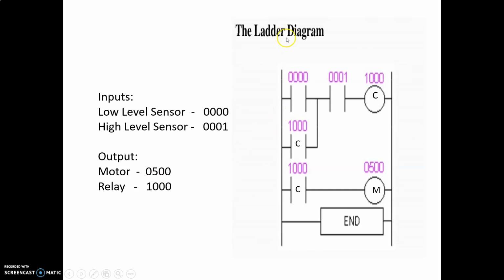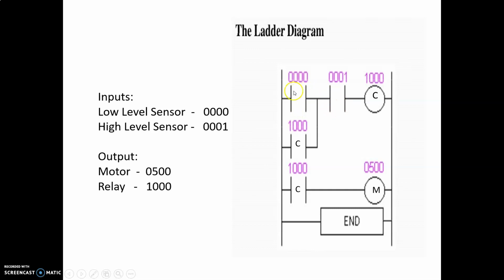Okay, so first of all, let's start with the diagram. Whatever is mentioned in the diagram, we will try to explain in justification with the solution we require. So let's start here. We have two inputs. This is the first input, this is the second input.